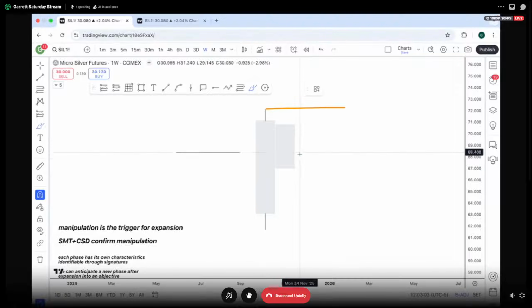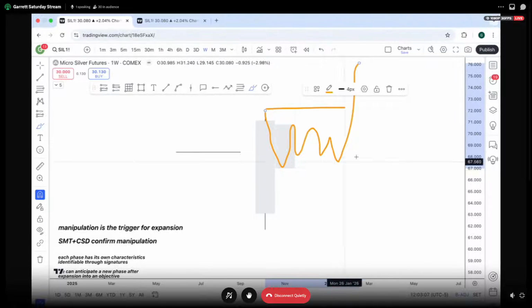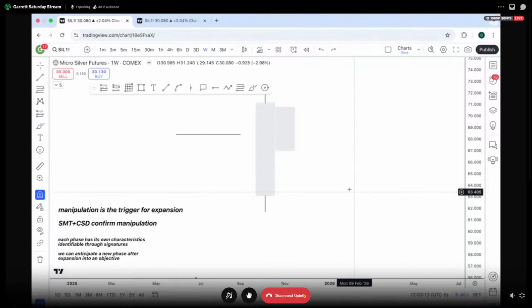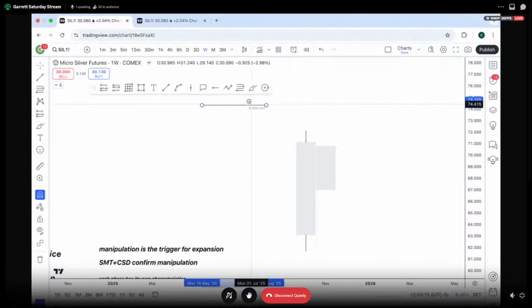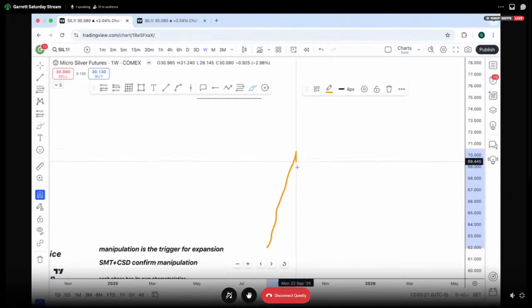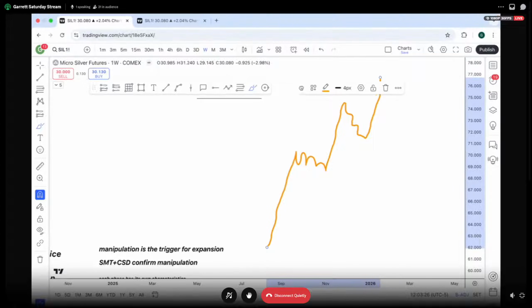But the market doesn't actually need to manipulate to expand during a consolidation. So when you're trying to trade into an objective and you see consolidation or retracement like this, these are two phases of price that we like to see on the right side of the curve.